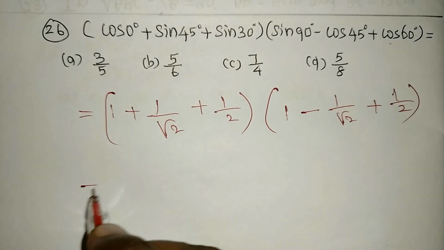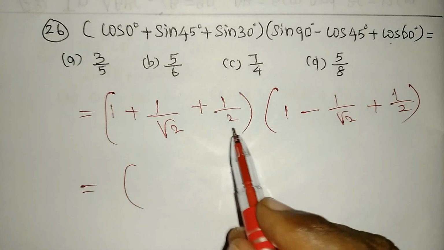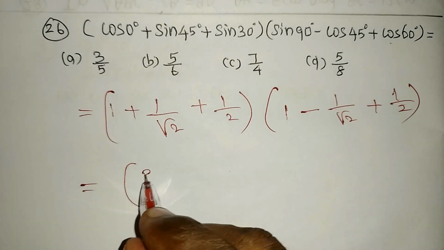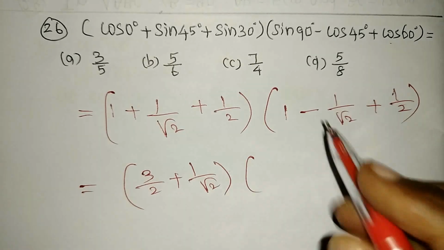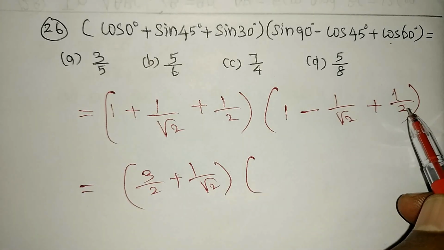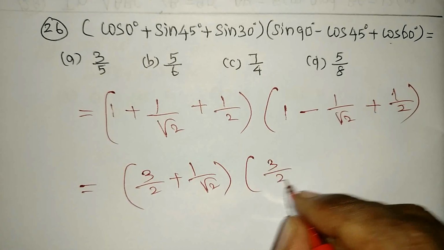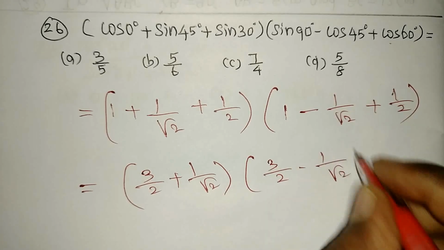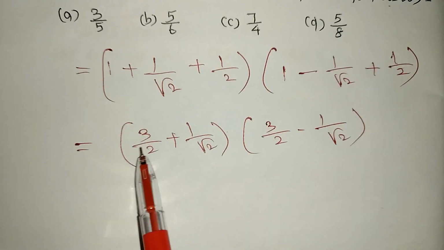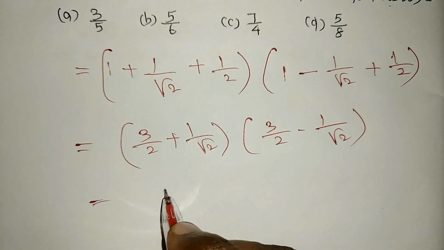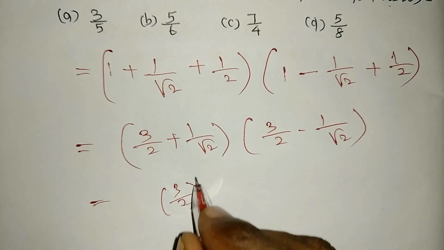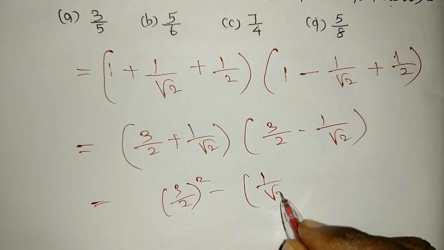Right. Now see this, 1 plus 1 by 2, 1 and a half means 3 by 2, plus 1 by root 2. And here also 1 plus 1 by 2, so 1 and a half means 3 by 2, minus 1 by root 2. See this is in the form of a plus b into a minus b. So we can write this like a square minus b square. So I'm writing like that.